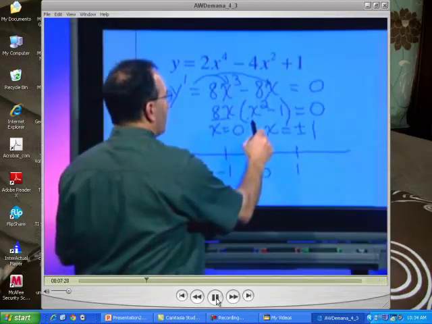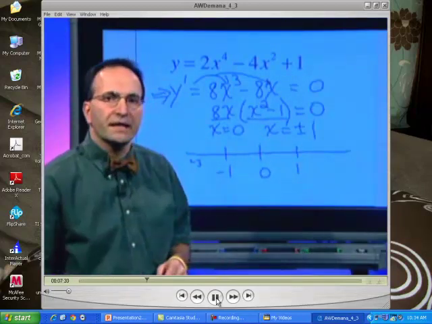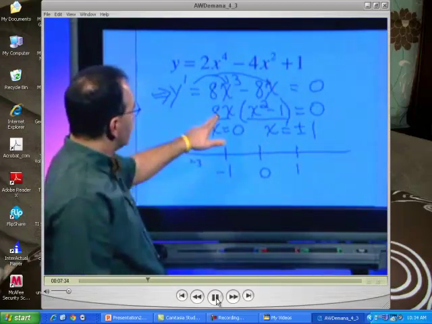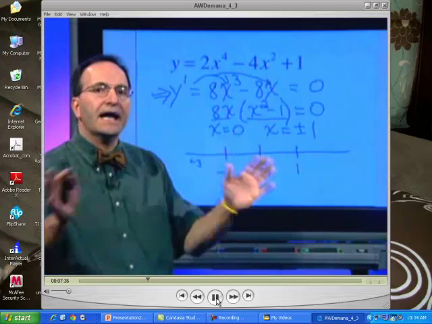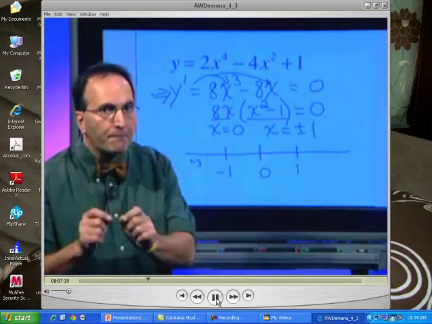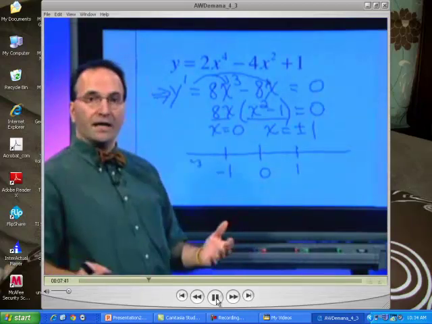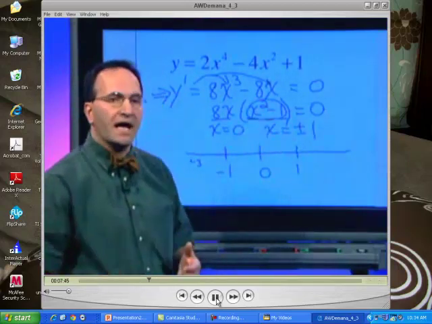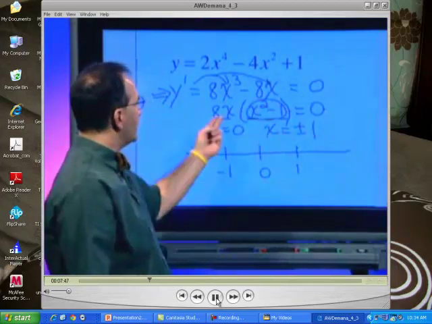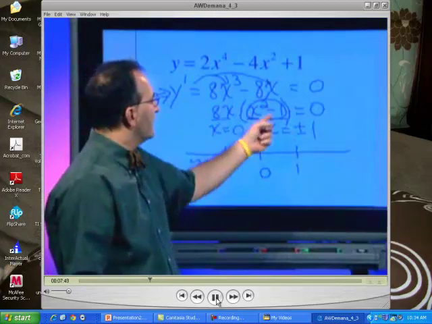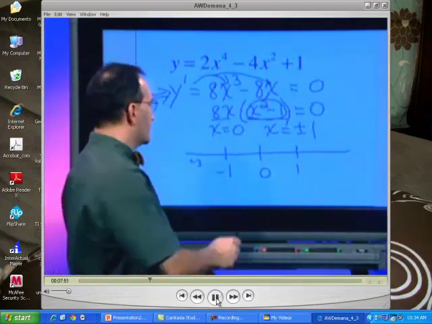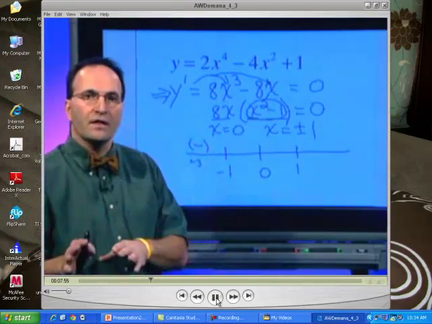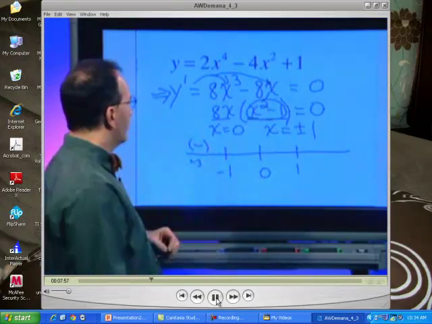If I look at the factored form, it's a little bit easier to figure out if it's positive or negative. I plug negative 3 in here. I don't even care what it works out to be as a number. I just care that it's negative, right? And the same thing here. All I care about is if this is positive or negative. Well, of course, if I take negative 3, that's negative. Here, it's positive. A positive times a negative tells me that in this particular interval, the first derivative is negative.